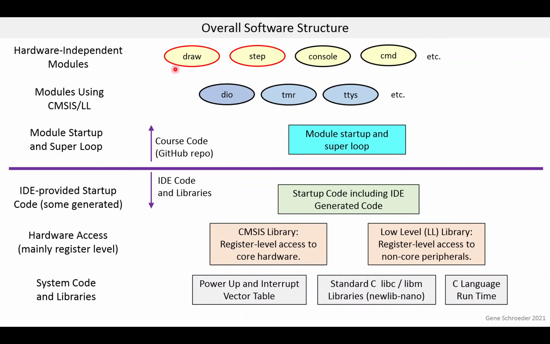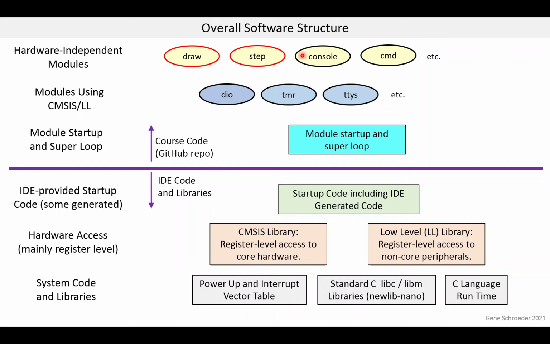Now at the very top we see the new modules developed for this course, Draw and Step. You can also see some of the infrastructure modules from previous courses that I'm reusing for this course. And by the way, the modules with this blue-gray background are ones that access the hardware using the STM32 low-level library.